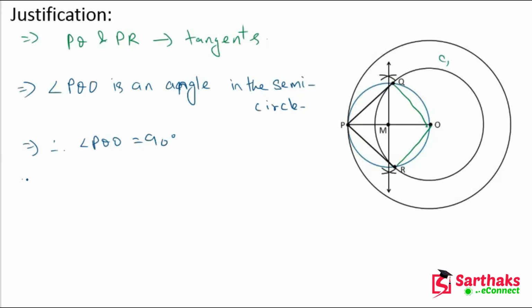And so we can say that OQ is perpendicular to PQ. OQ is the radius of the circle with 4 centimeter. Now PQ must be a tangent of this circle because the radius is perpendicular to PQ. Similarly, we can say that PR is the tangent on this circle. I hope you get this point.